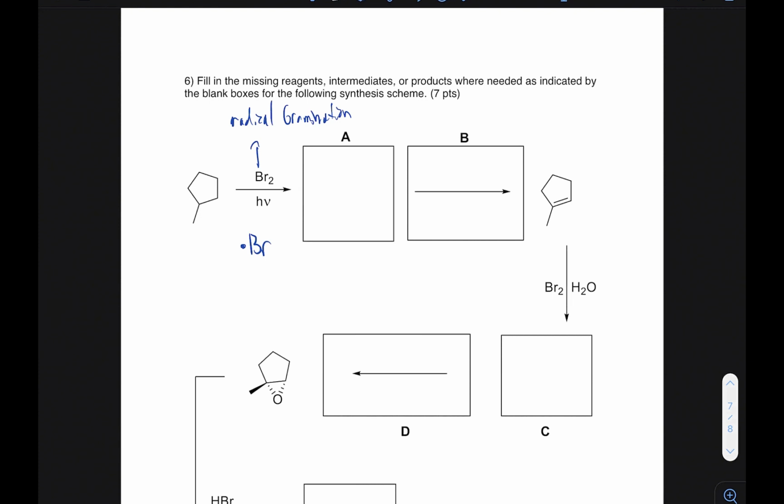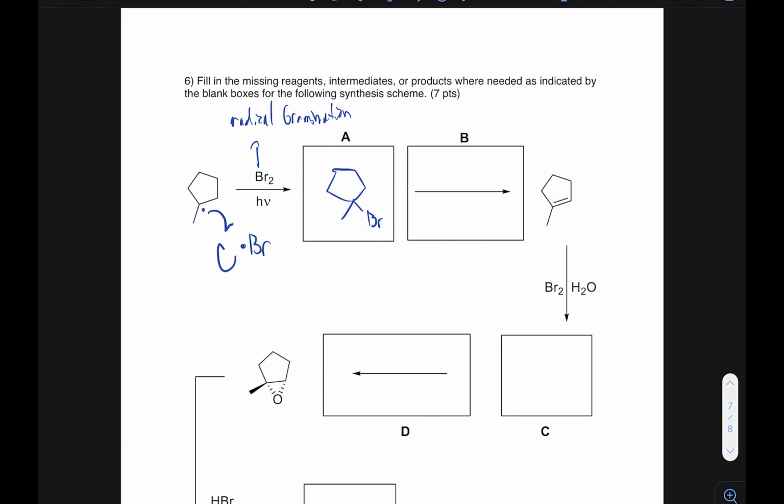And the radical forms like the carbocation, on the more substituted carbon. This is the most substituted carbon here, so that's where the radical forms. And so we get this homolytic bond formation, there's no cleavage here, to form this as our intermediate, that bromine on the tertiary carbon.